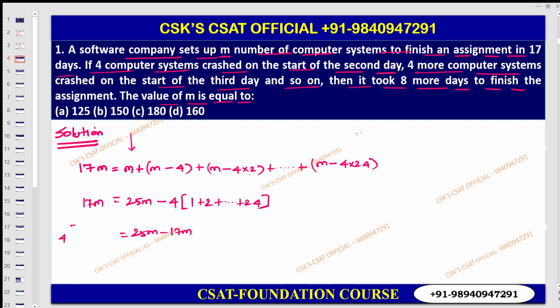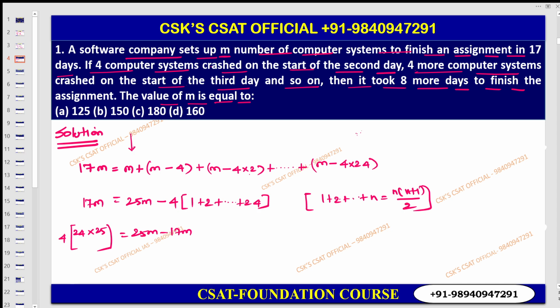4 into the summation, the sum of n terms, is nothing but n into n plus 1 by 2. That concept you can use. The sum of 24 terms here, so 24 into 25 by 2. If you want, you can use brackets: 1 plus 2 plus and so on plus n is equal to n into n plus 1 by 2.